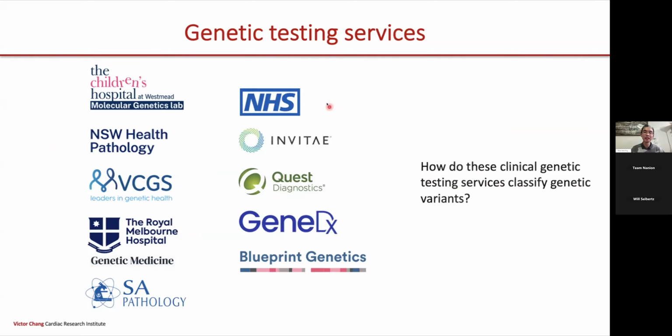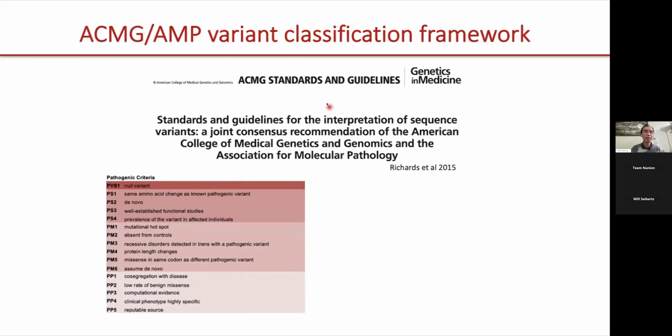But how do these clinical genetic testing services classify the genetic variants that they identify through sequencing? They're largely based on the 2015 ACMG-AMP variant classification framework. It is basically criteria for pathogenicity, about 16 here, and each code represents a different parameter, so to speak.